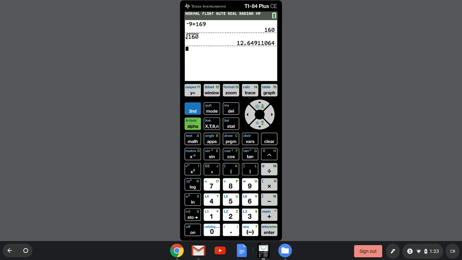Now our directions said to round to the nearest hundredth. The hundredth is the second place after the decimal, so where our 4 is. So we need to look one more place to the right, which would be the 9. Since 9 is larger than 5, it would bump our 4 up to the next number. So our 4 would actually become a 5. So 12.65.